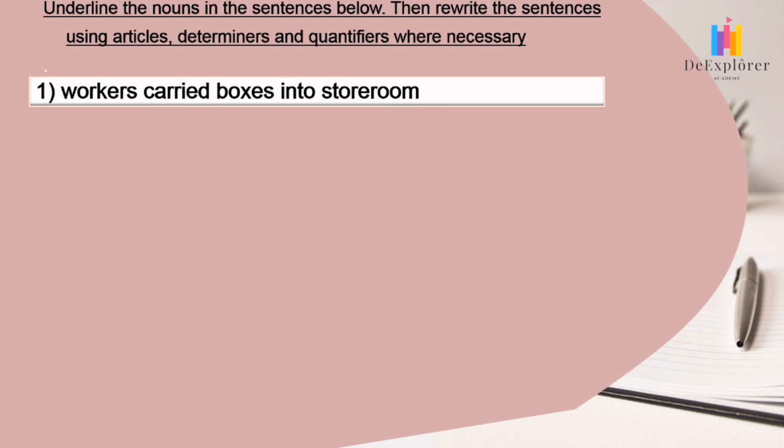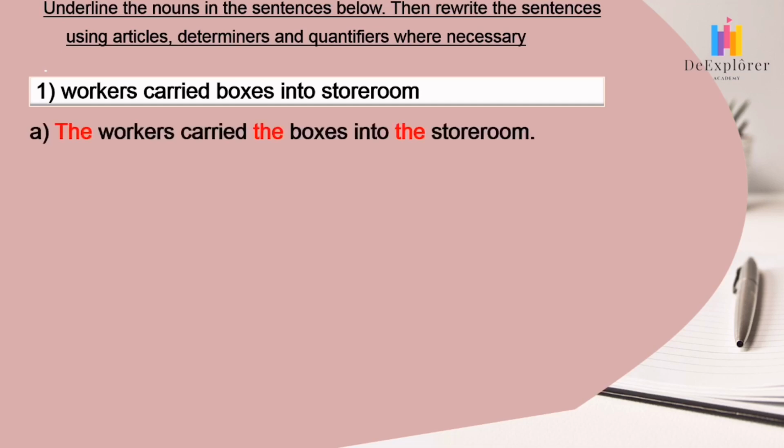Right, now we're going to decide what are the articles or determiners or quantifiers that you're going to put in front of these nouns. Okay, we start with articles, a, an and the. Right, so for workers, the workers carried the boxes into the storeroom. Okay, so the workers carried the boxes into the storeroom. 就是那些工人搬那些 boxes 进那个 storeroom.